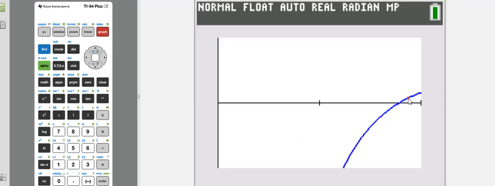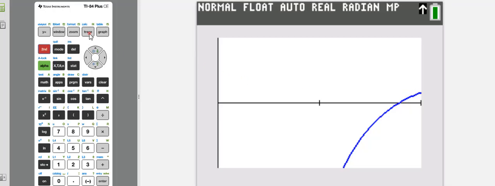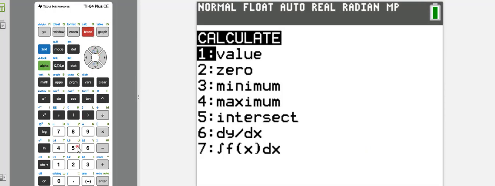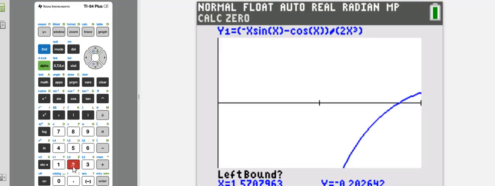Now you can see that there is an x-intercept, and this part right here indicates that the second derivative is negative because it's below the x-axis, and this part indicates that the second derivative is positive since the graph is above the x-axis. So let's find this value. Second, trace, calc, press number 2 for zero, left bound.